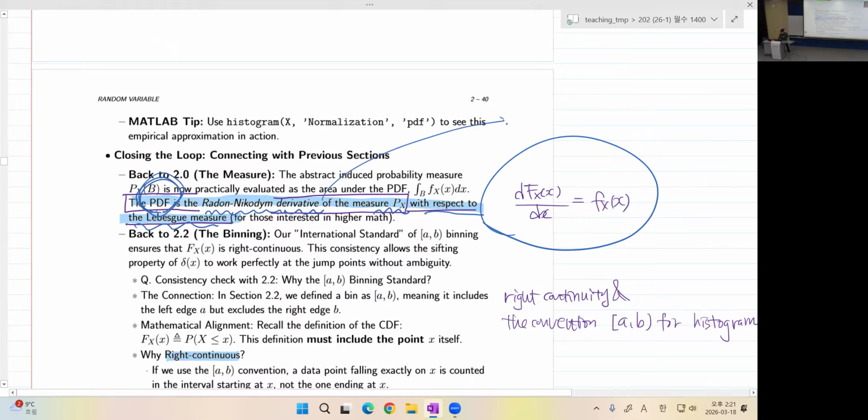This involves what? Not the CDF, but the induced probability measure. But not many of you will ever see this Radon-Nikodym derivative. Just remember the name, okay? It seems it's very closely related with the differentiation of the CDF to get the PDF. But it's a more elegant, mathematically correct way to obtain the PDF. Just remember that way. Got it?